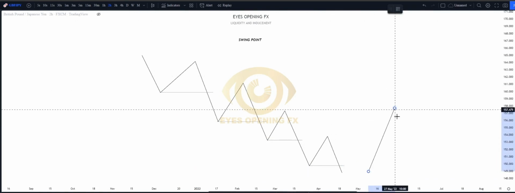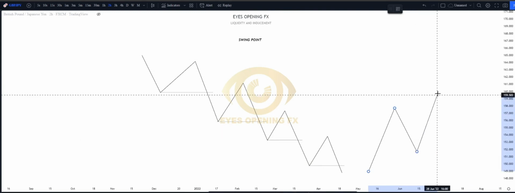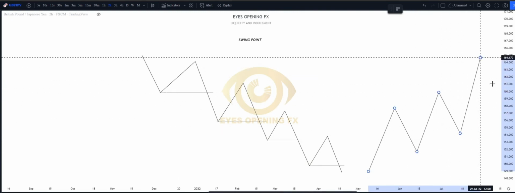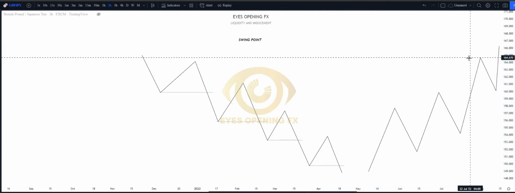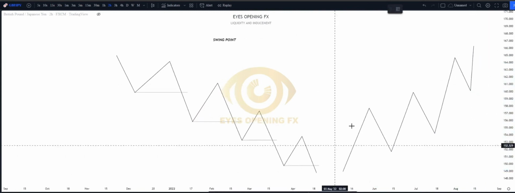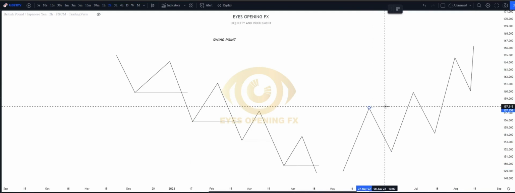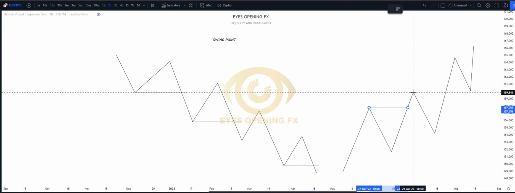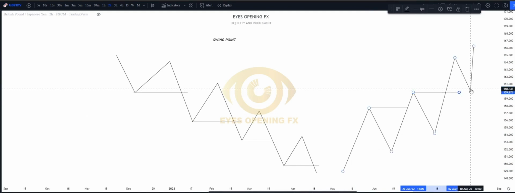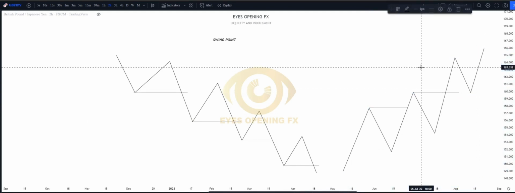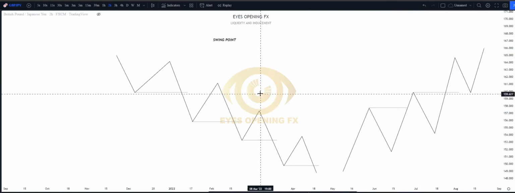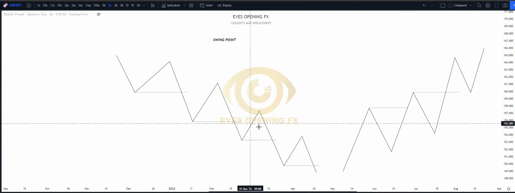Market continues creating a higher high, swing point high, swing point high to the upside. So this is majorly for a bullish trend. So a resistance turns support, resistance turns support. That is the idea of what we call a swing point high. Market creating a series of swing point highs. So this is for a bullish trend, while this is for a bearish trend.